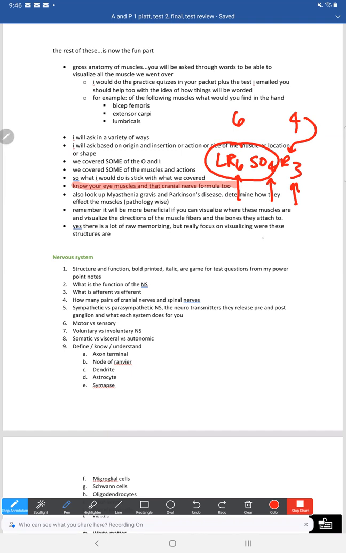So that would be inferior rectus, inferior oblique, medial rectus, what am I missing?